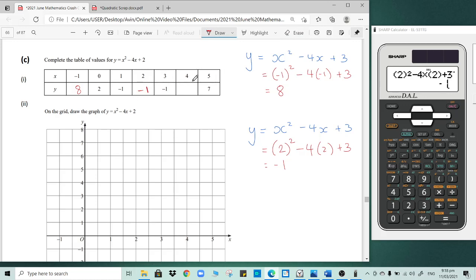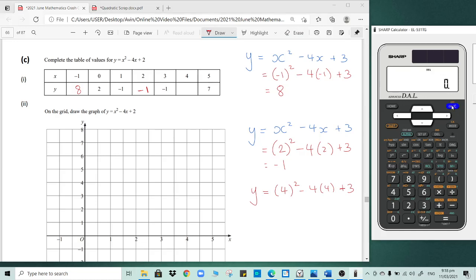Oh, and there's another one to do here. So all I have to do now is replace all the x's here with 4. I think you all got the hang of this. 4 squared minus 4 times 4 plus 3. Oh, I wrote that kind of badly there. That's supposed to be a positive sign. Give me a few seconds here.